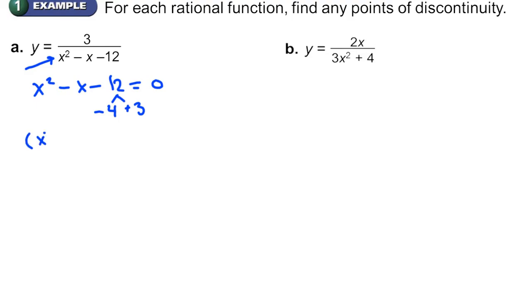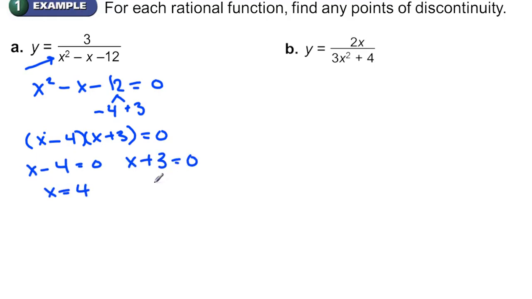We have x minus 4 times x plus 3 equals 0. Now, in order to solve each of these for 0, we set each expression equal to 0 and solve for x. So x is 4, x is negative 3. We have a point of discontinuity at 4 and at negative 3.